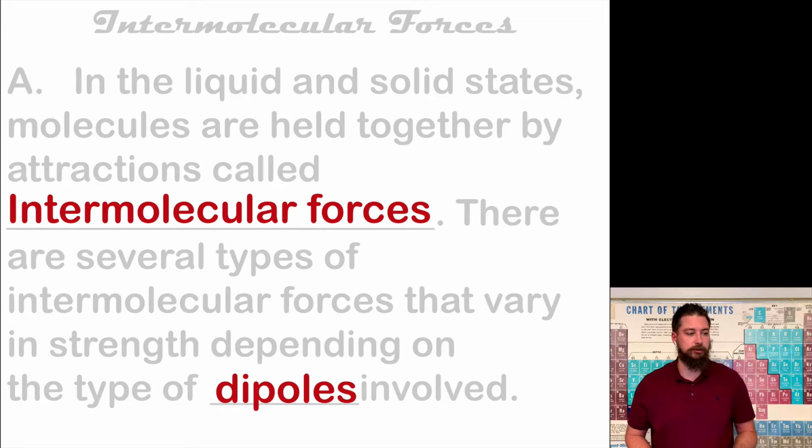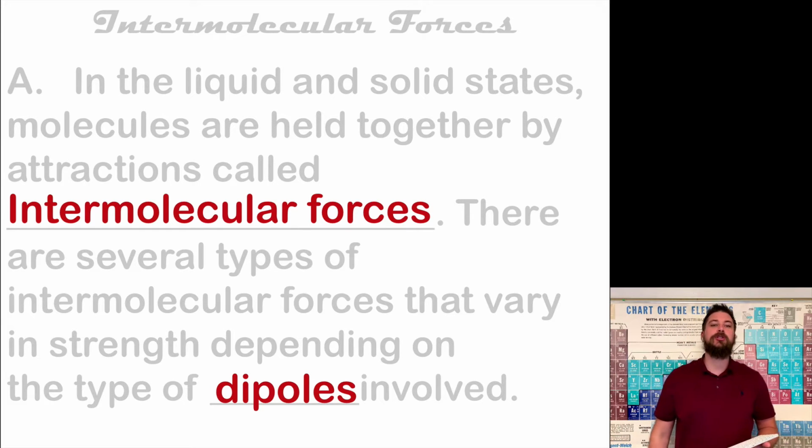What we're going to do is talk about the force of attraction that occurs between molecules and how we can determine if a molecule has strong intermolecular forces or little intermolecular forces. In the liquid and solid states, molecules are held together by intermolecular forces.